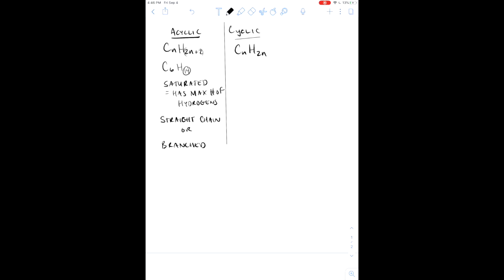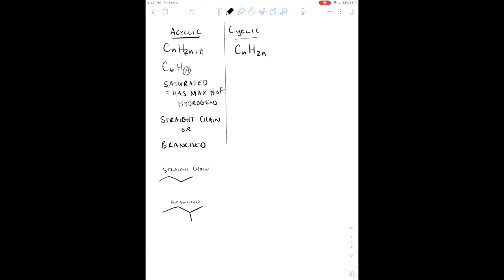So if we have, let's say, 4 carbons, that's just a straight chain of carbons, whereas branched would be if we had something coming off of it. So there's a branch coming off of that straight chain. So this would be branched, and this could be straight chain, okay? Now, these are obviously very simple examples. We could have extremely long straight chains as well as very intricately branched acyclic compounds, okay?